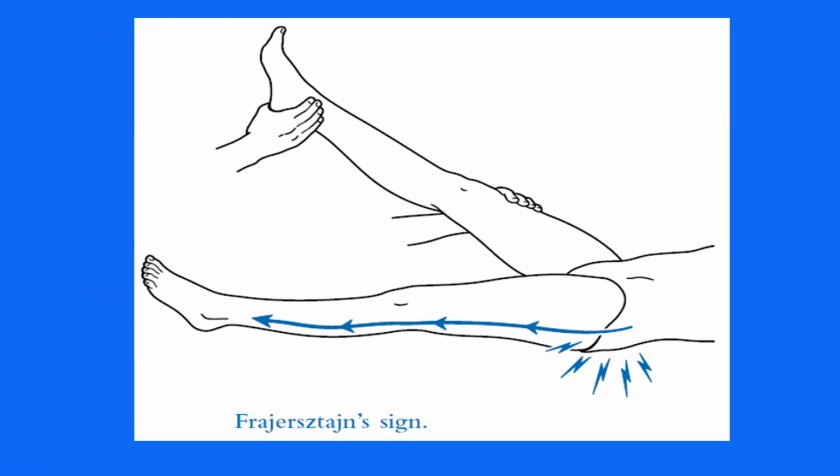When you have contralateral pain on straight leg raising, as you are raising that leg up, you are creating tension on the opposite side, pulling it towards the disc, creating pressure, and they will have pain. So please look at this.